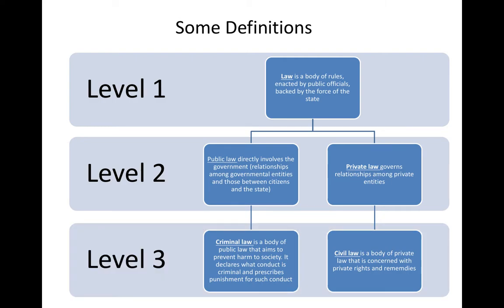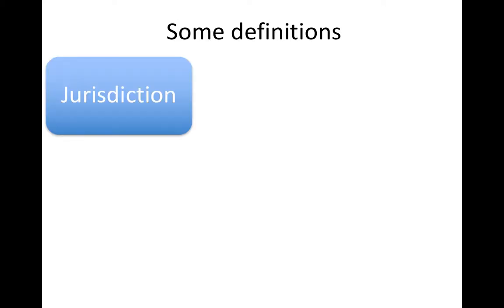Level 1, of course, being the law itself, level 2 being the distinction between public and private law, and level 3 being the distinction between criminal law and civil law. So that'll give you a blueprint for the rest of part 2 of the course. And like I mentioned, we're going to be talking about criminal law and civil law at length at the end of part 2.